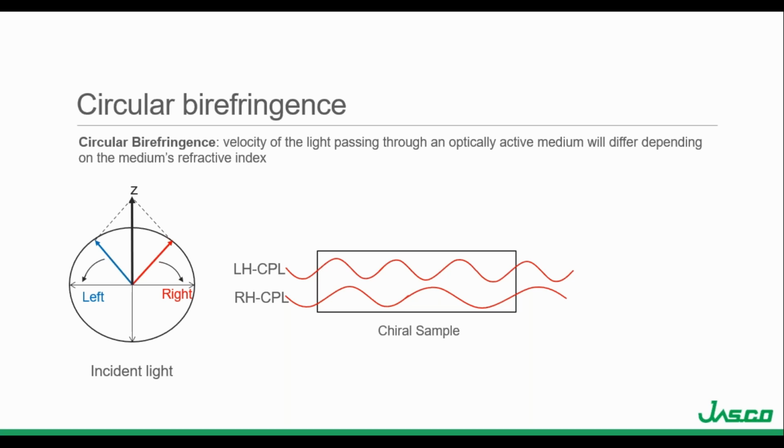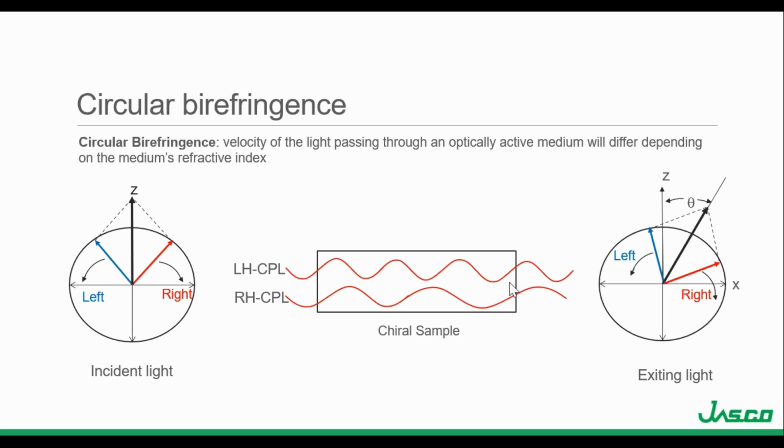Since linearly polarized light can be thought of as a superposition of equal intensities of left and right-handed circularly polarized light, as circularly polarized light travels through a birefringent material such as a chiral sample, the phase relationship between the circularly polarized light waves changes, and linearly polarized light is rotated, and the elliptically polarized light is now tilted.